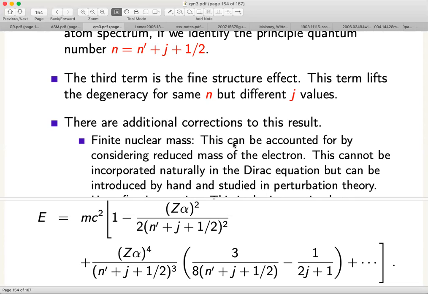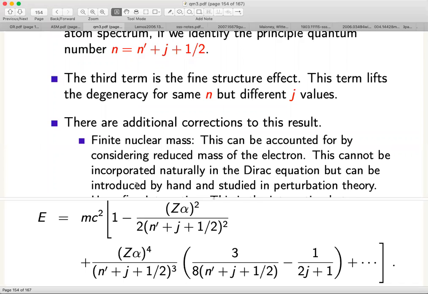For that, you choose the center of mass coordinate and then the relative mass term. That relative mass term is what is called the reduced mass of the electron. And if you replace the electron mass by the reduced mass, then all the results you would get would take care of the finite nuclear mass correction.